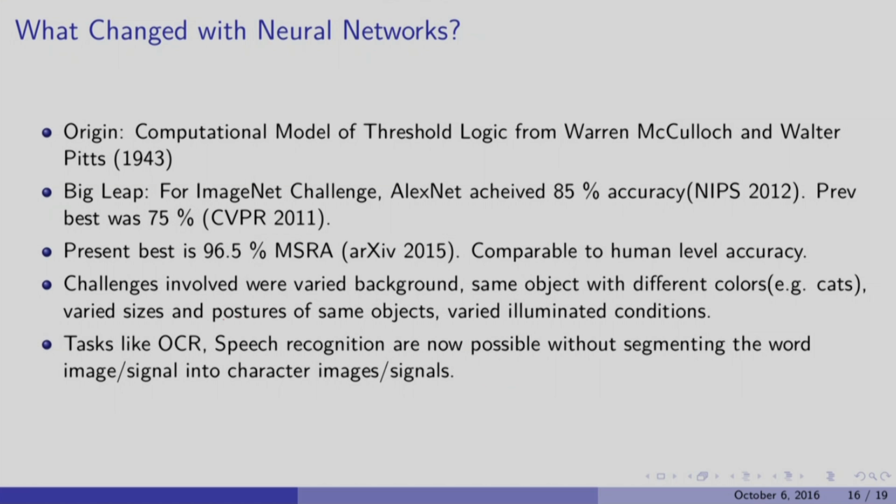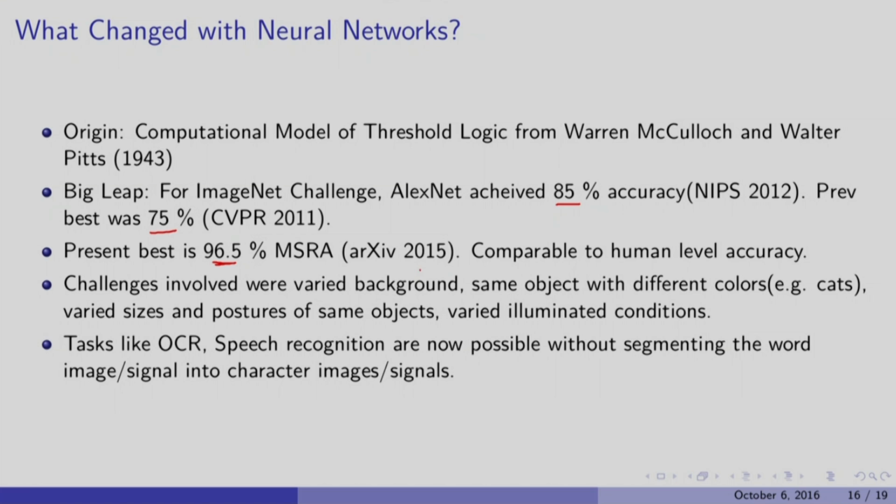The best numbers in 2011 for ImageNet were around 75%. In 2012 the numbers jumped to 85%, a big jump, and in 2015 the best known numbers are 96.5%. These are comparable to human level accuracy.